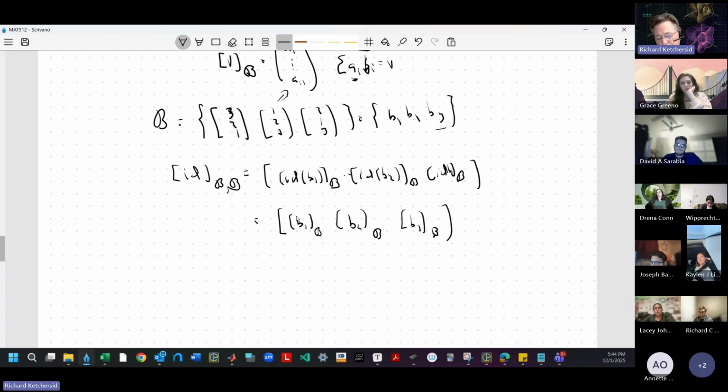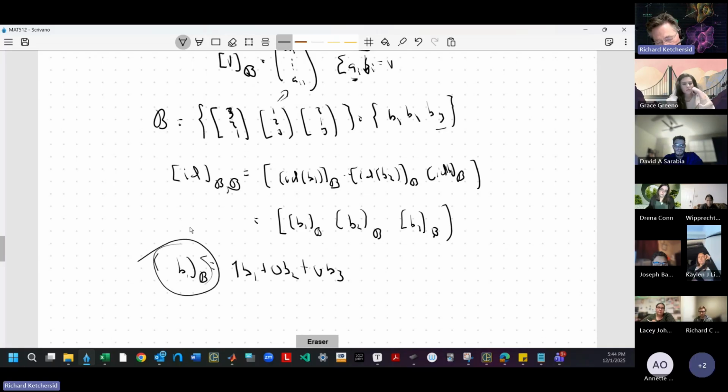Now the question is, what is B1 with respect to B? This is where you really need to understand this. It's really simple, but you've got to understand it.